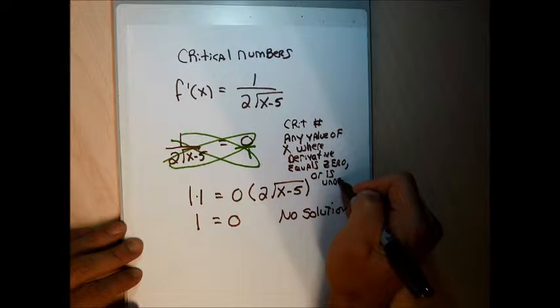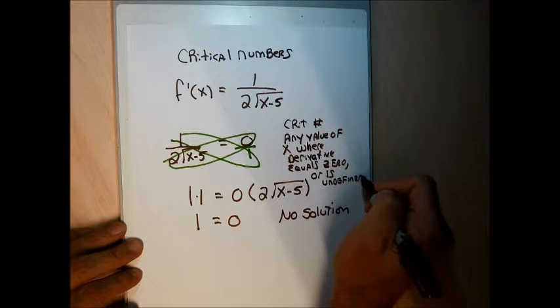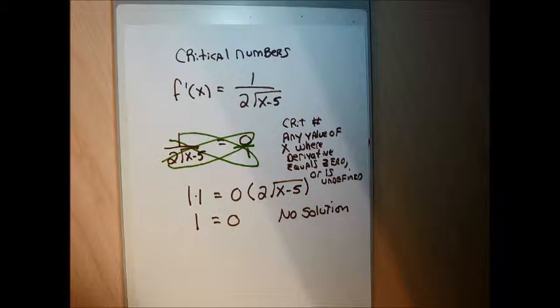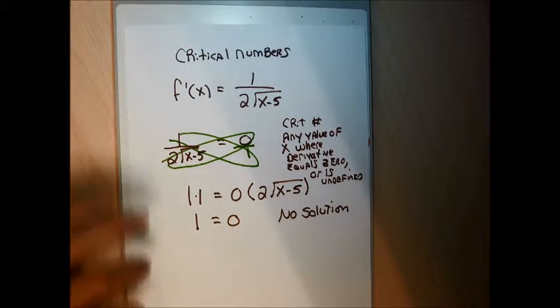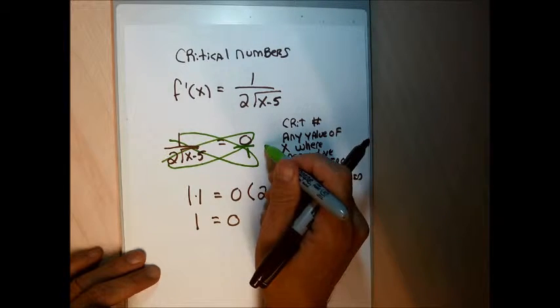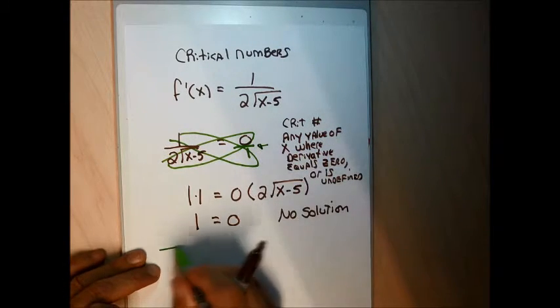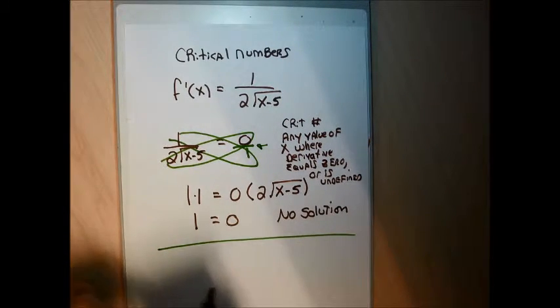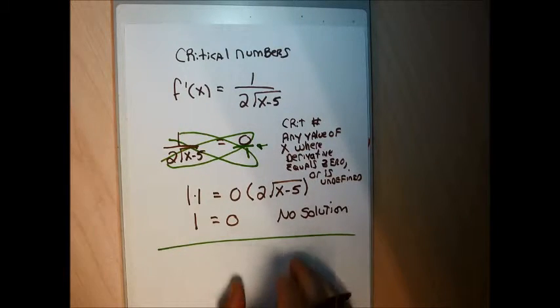And these are the critical numbers that we're going to come up with when we do this problem number 24. So there's no critical value that makes the function itself equal to 0. But there is a critical value, a value of x that makes the function undefined.